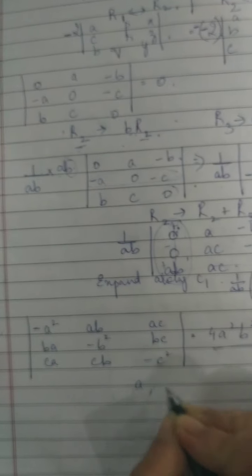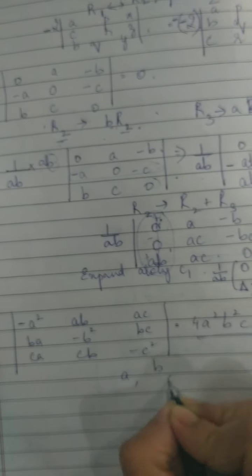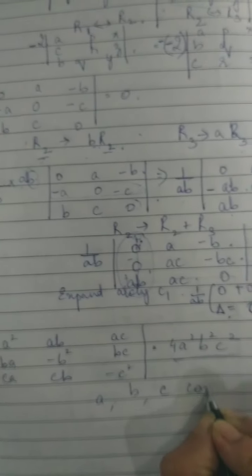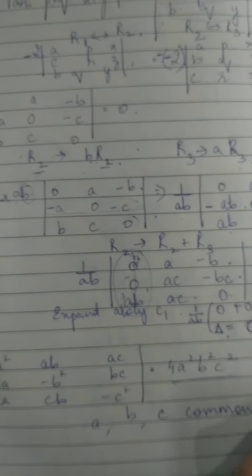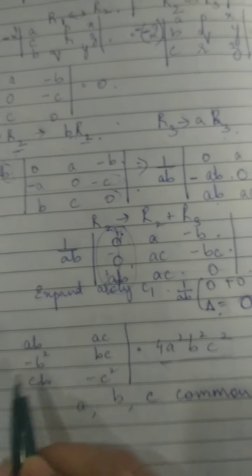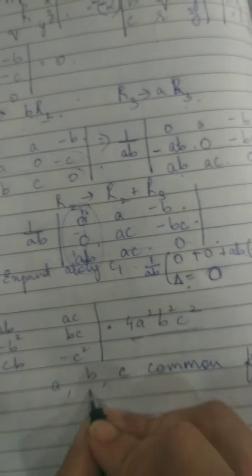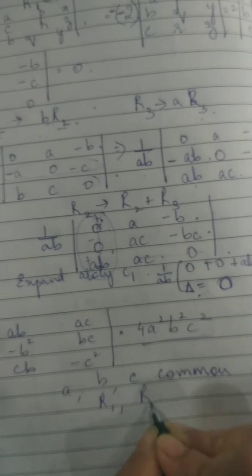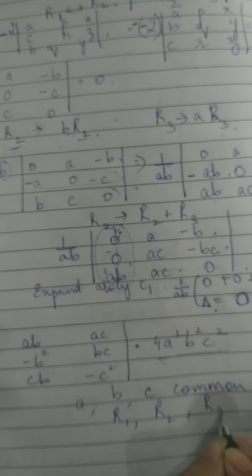So let's see what we can do. Before applying any operation, let's see if we can take any value as common or not. If I take A, B, C common, I can take A common from R1, B common from R2 and C common from R3.